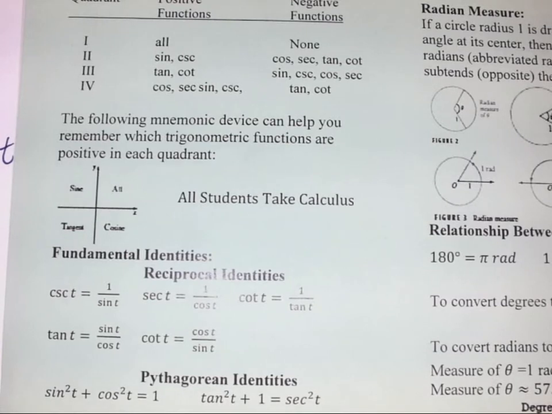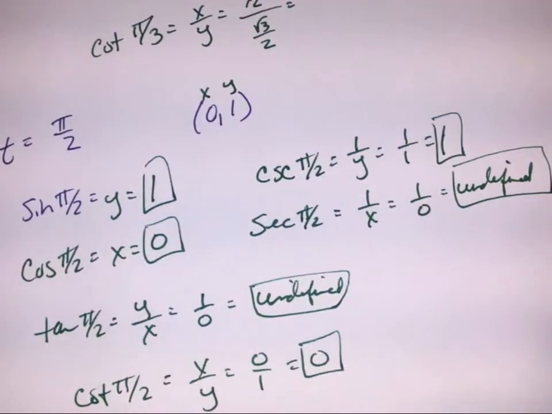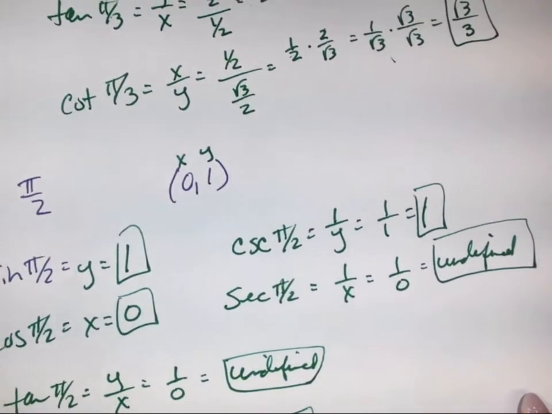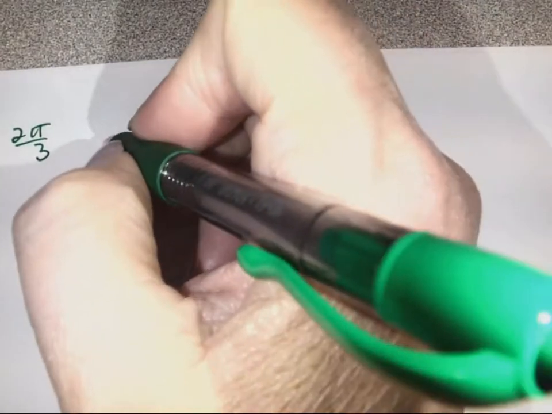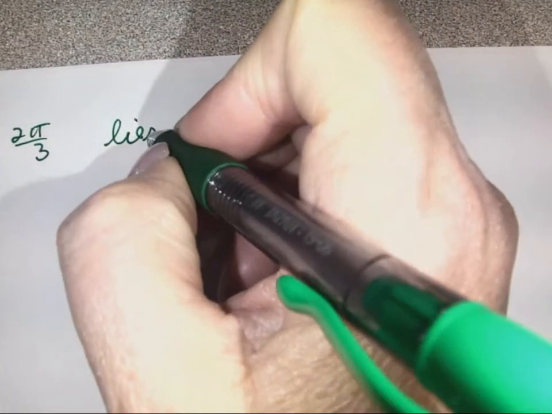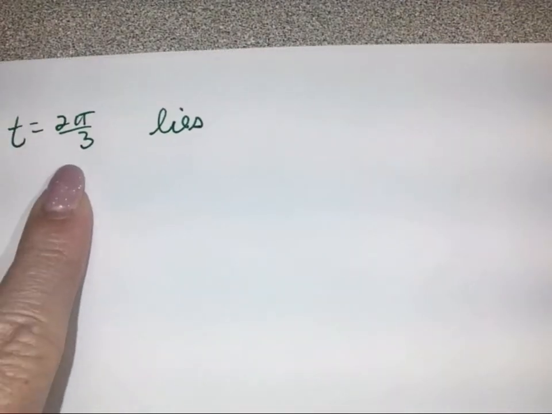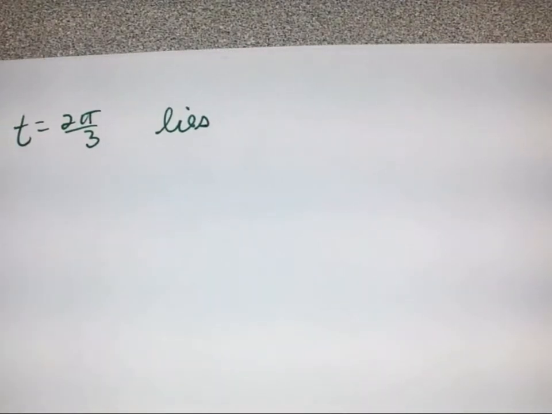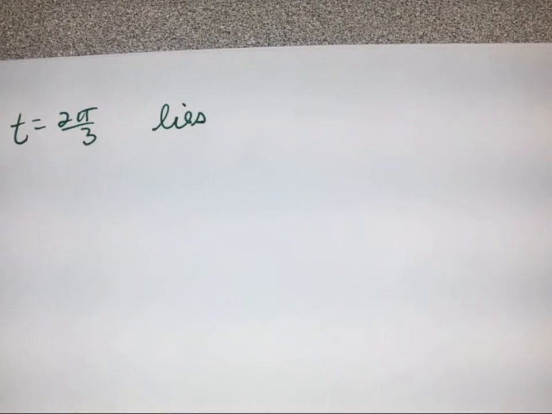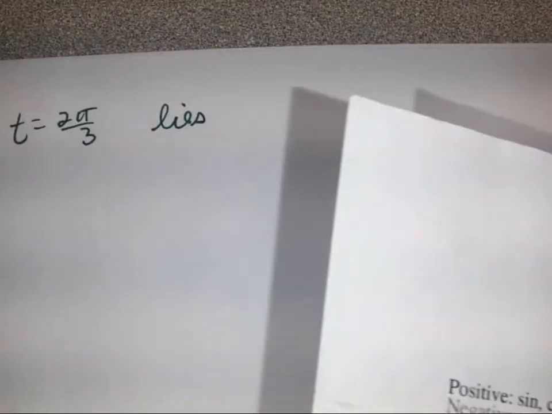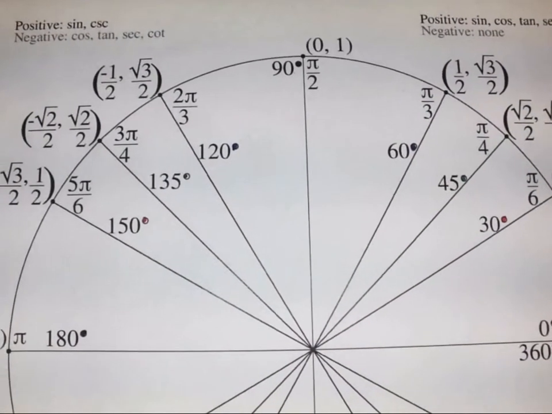All right, so we're going to look at a point and then be able to figure it out. If I give you t is equal to 2 pi over 3, we can figure out what quadrant it lies in. Now 2 pi over 3, remember, that's about 2/3 of the way to pi.